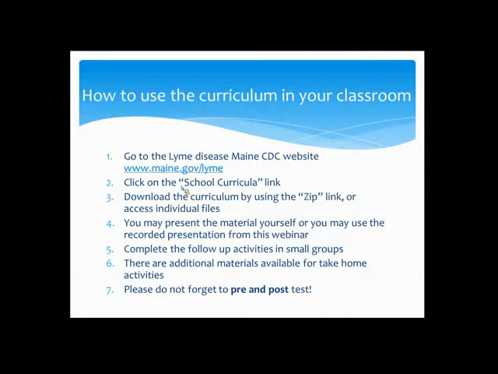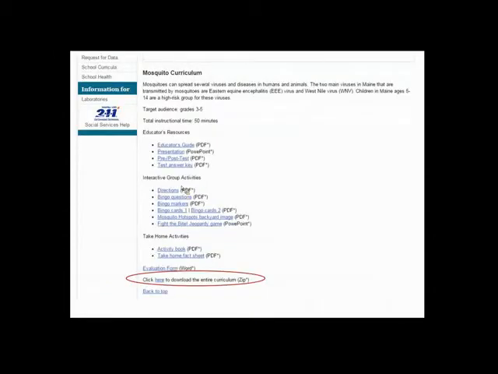Once you're on that page, click to download the entire curriculum zip for each module, for the Mosquito curriculum and the Lyme curriculum, and you'll have all the materials you need. If you need each individual piece, they're also available as links above this on the page right here.